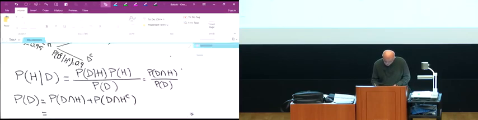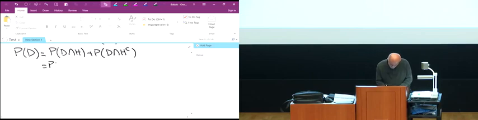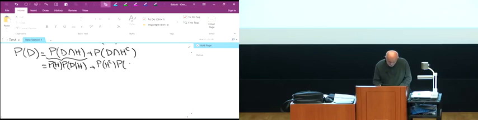What is the probability of H? Probability of H times the probability of D given H. That's this term here. Plus the probability of H complement times what? D given H complement. Can you compute that and give me each term and then give me the sum?